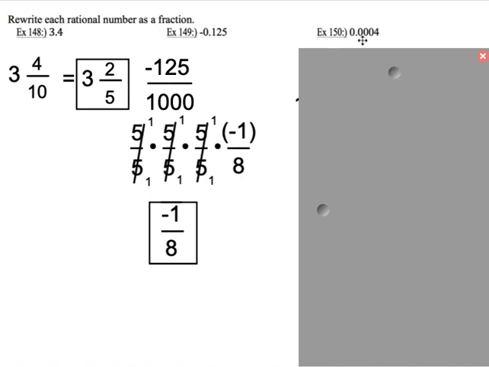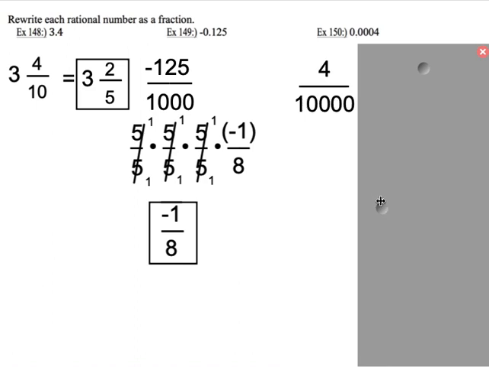Okay, 0.0004. Again, these are the examples in your notes. If need be, the video can be paused and rewound. So on this one, we start with 4 over 10,000. There are 4 decimal places, and the power of 10 with 4 zeros is 10,000.